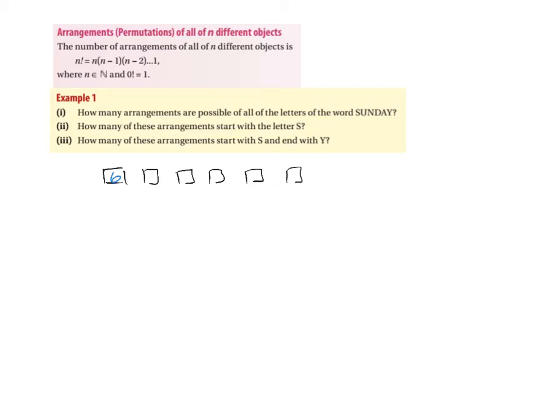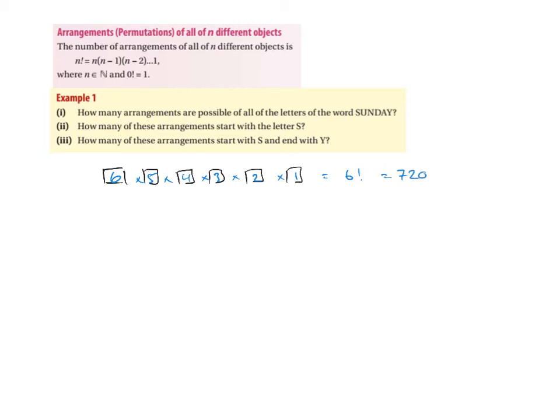So I've got 6 by 5 by 4 by 3 by 2 by 1, which is equal to 6 factorial. And if you stick that into your calculator, 6 factorial is 720.